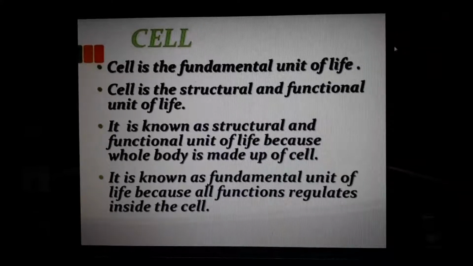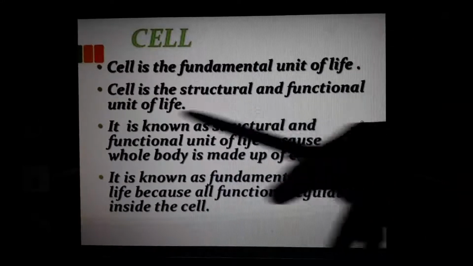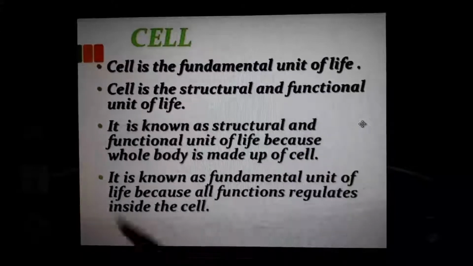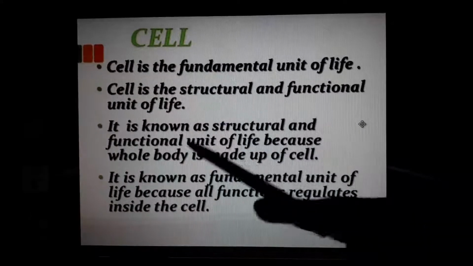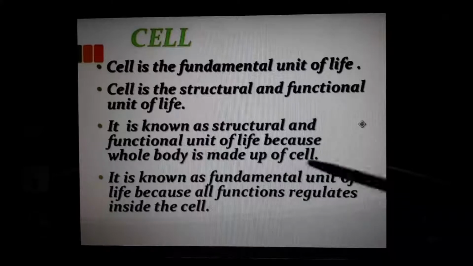Not only that, what about all the processes happening inside our body, like breathing, drinking water, walking, running? Who is behind it, or what is behind that? It is the cell. Structural and functional unit of life. It is known as the structural and functional unit of life because the whole body is made up of cells.